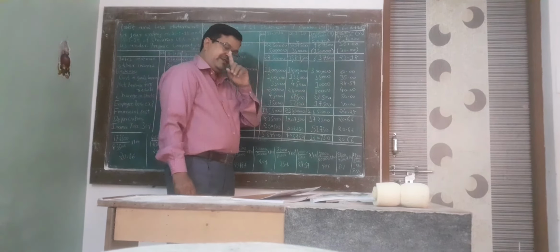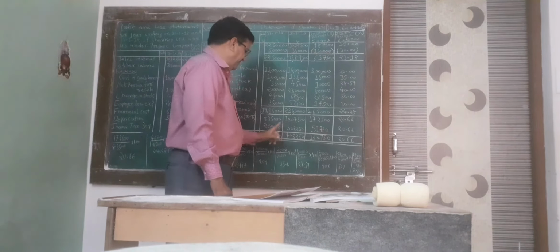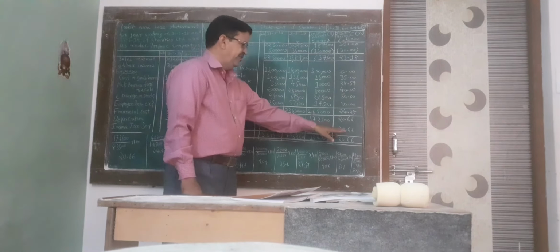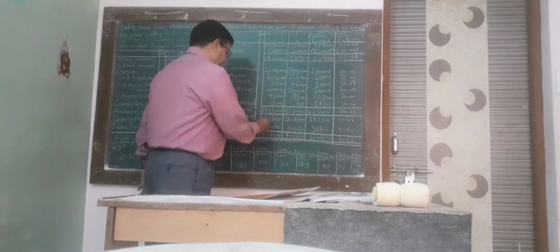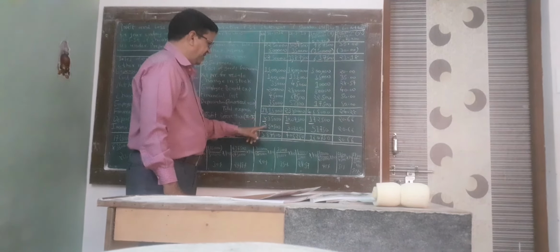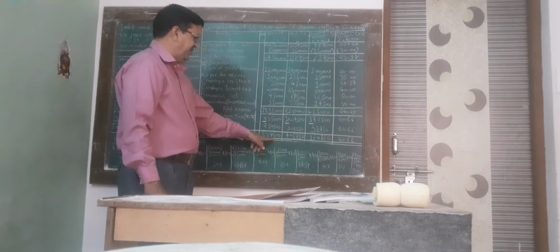Now percentage is 20.66%. Now profit after tax is 8,35,000 minus 2,50,500, which is equal to 5,84,500.